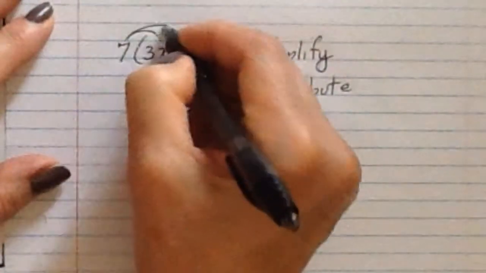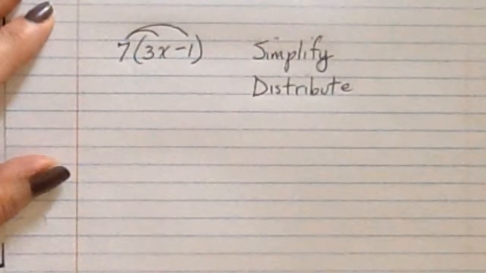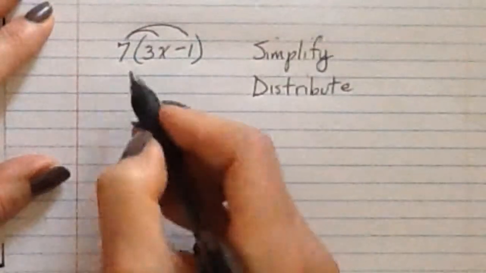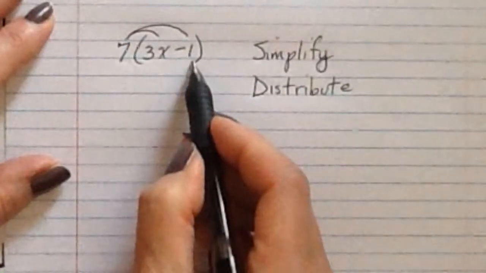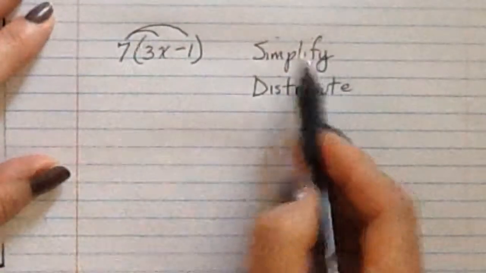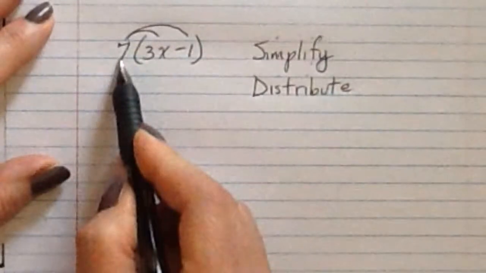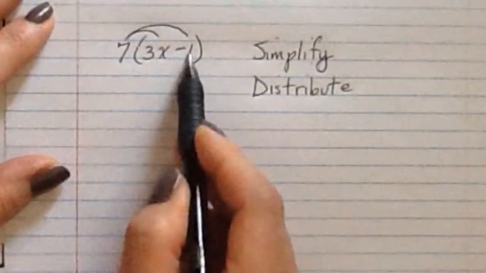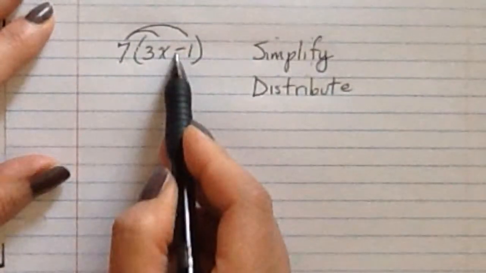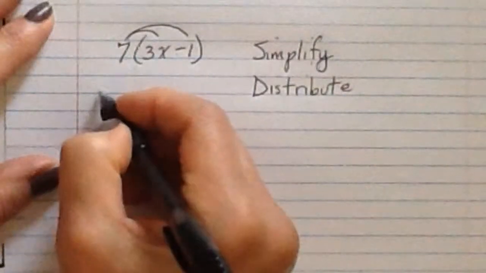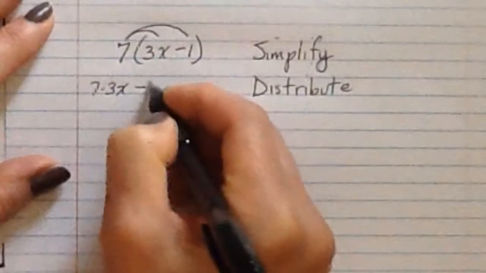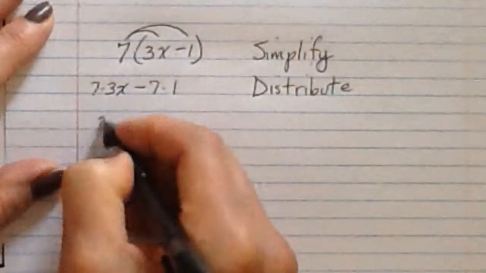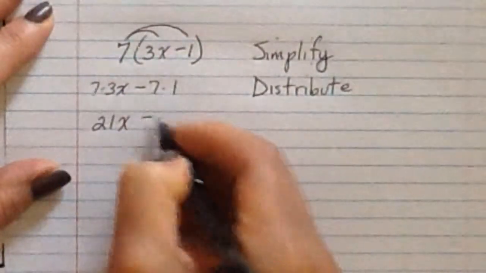So I would distribute the 7 to everything inside parentheses. The 7 here is a monomial, and 3x minus 1 is a binomial. So in order to simplify a monomial, 1 term, times a binomial, 2 terms separated by addition or subtraction, we distribute. And we get 7 times 3x minus 7 times 1, or 21x minus 7.